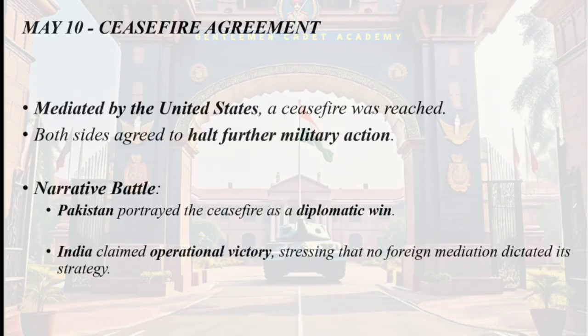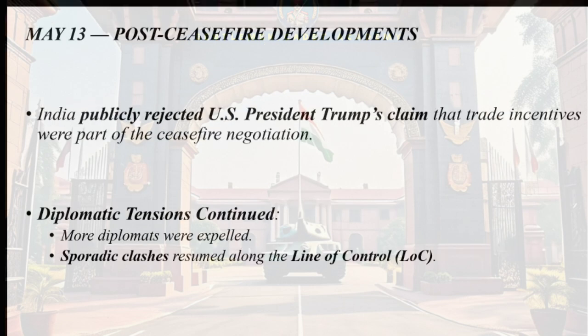The ceasefire reflected a mutual desire to avoid full-scale war, especially considering both nations' nuclear status, but did not signify reconciliation or normalization. Now, talking about the post-ceasefire dynamics, on May 13, India publicly rejected US President Trump's claim that trade incentives were part of the ceasefire negotiation. Diplomatic relations continued to sour, with tit-for-tat expulsions of diplomats and renewed incidents along the Line of Control.